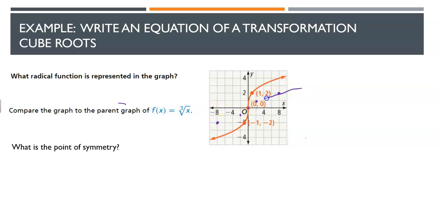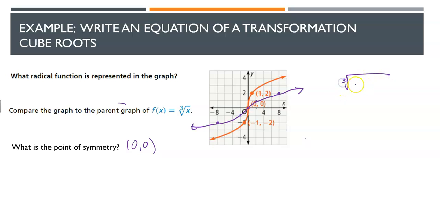And again, you could put that in Desmos or your calculator to just verify, but it looks kind of like this. So first of all, the point of symmetry is 0, 0, right? So that means I haven't shifted it up or down.